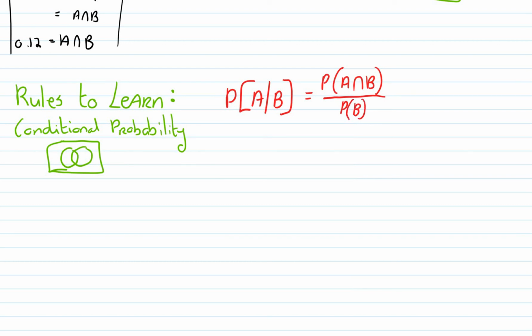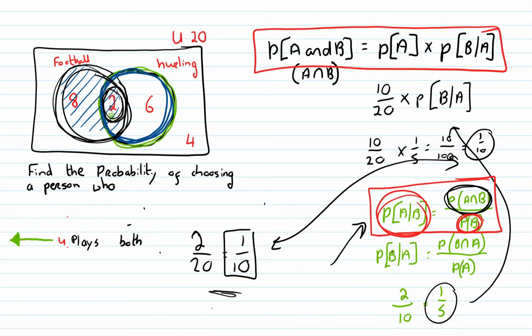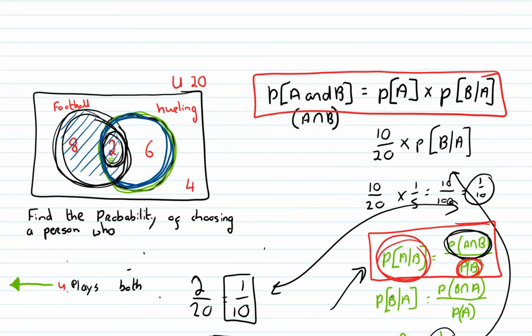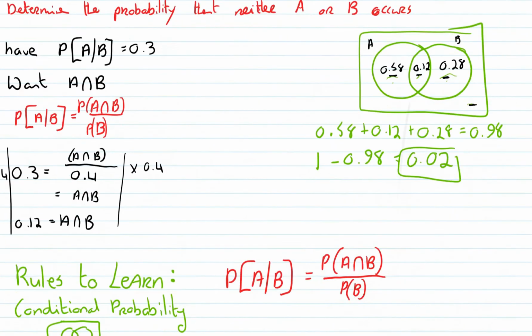What that means is, if you remember the hurling one, we'll go back here. So remember that one. What's my chances of picking a person who plays football and hurling if I know that it's a hurler I'm going to pick?